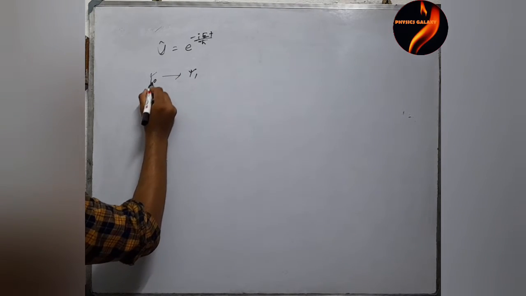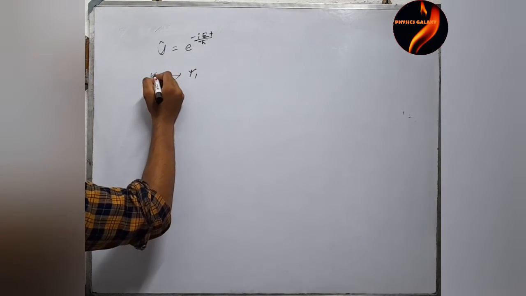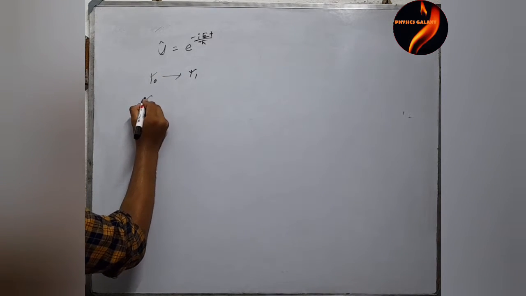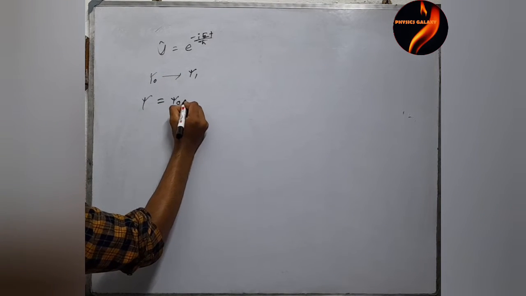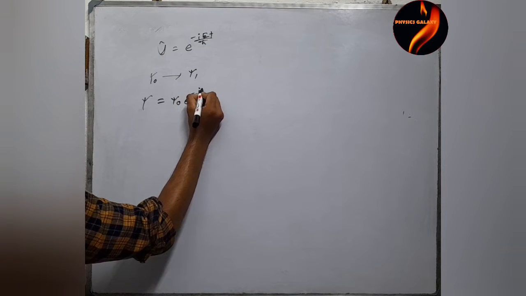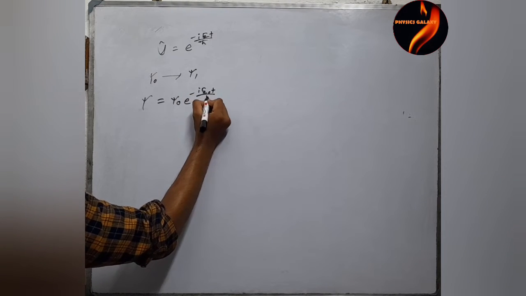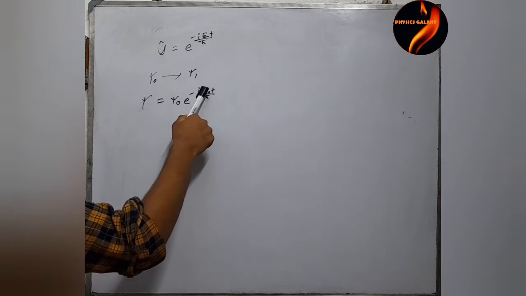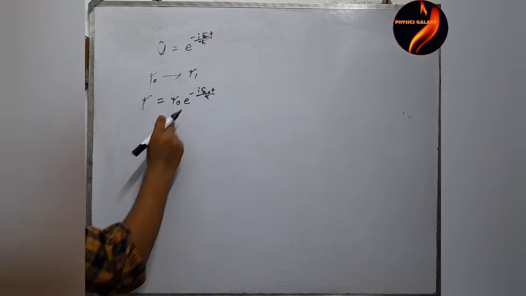Now if we multiply this unitary operator with this ground state, we get the wave function psi naught into e to the power minus iE naught t by ħ, where E naught is the ground state energy.